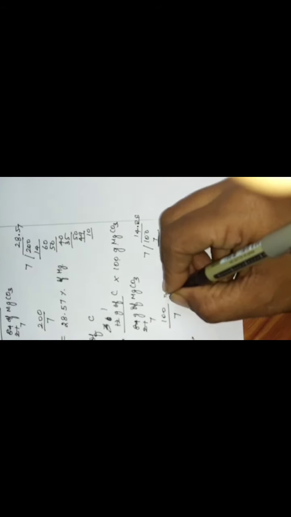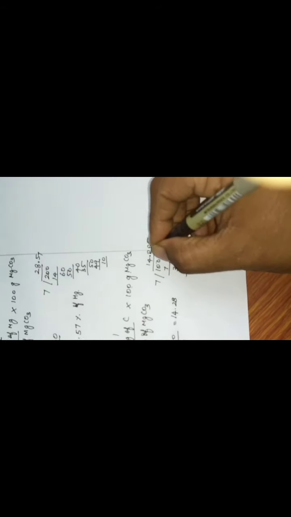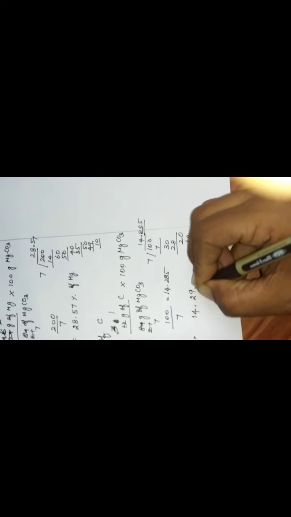The answer is 14.28 percent. If you add a 0 you get 5 (7 times 7 is 35)... you have to get the 5, so you round it up to 2 decimals.